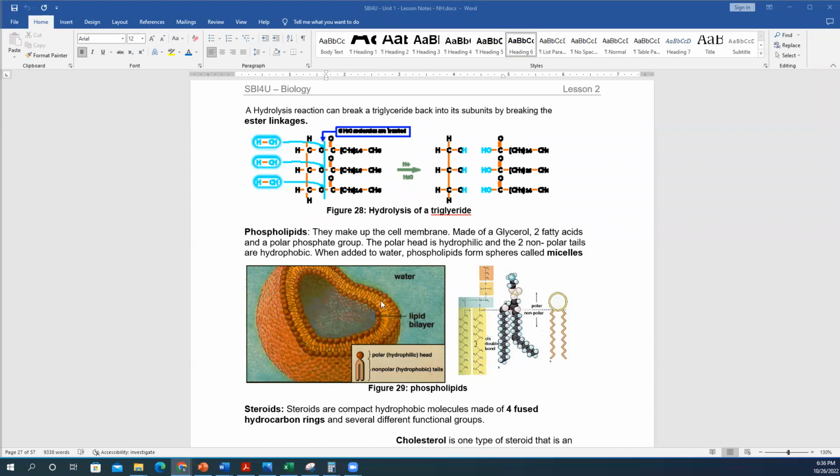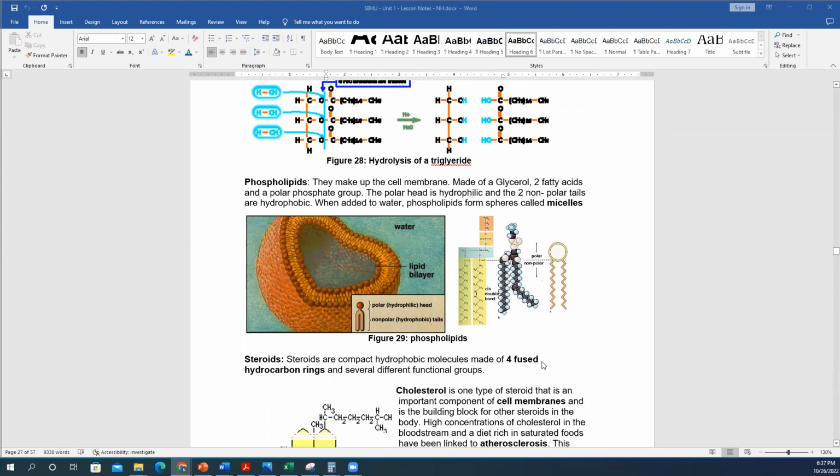So they will find and face each other and avoid being in contact with water. As such, they form this very stable lipid bilayer. When you add phospholipids to water, they also form these spheres called micelles, where all the tails are tucked in and all the heads are sticking out.